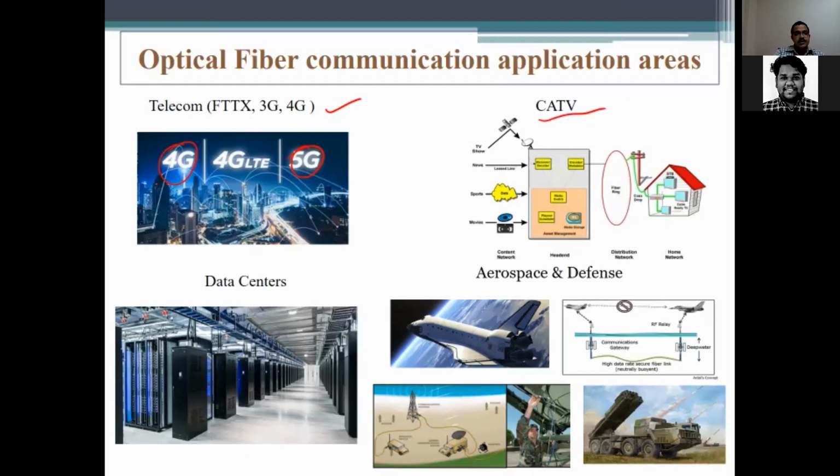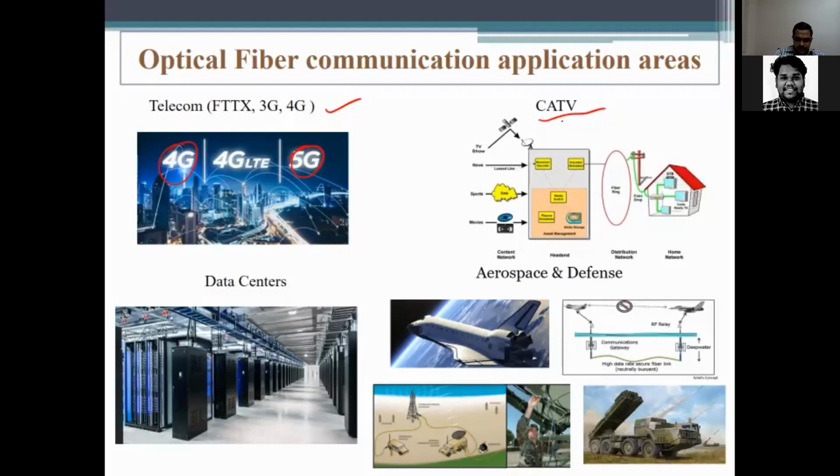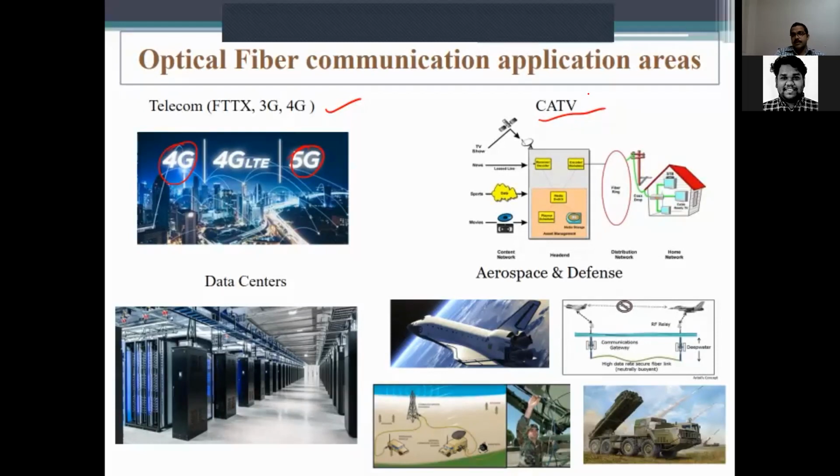So what is the advantage? Even during lightning or thunder, TV channels can be watched with high definition clarity and at the same time there is information security. All these channels can be watched with high precision and resolution. So nowadays, all the cable network providers are moving to optical fiber for transmitting their signals.